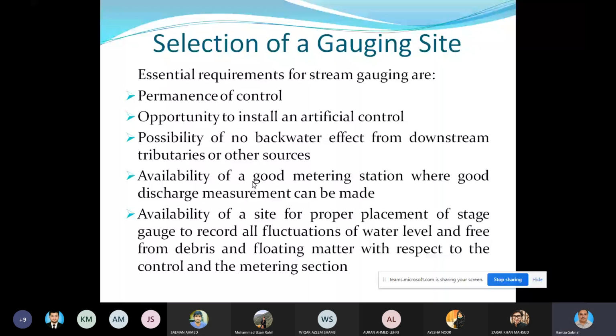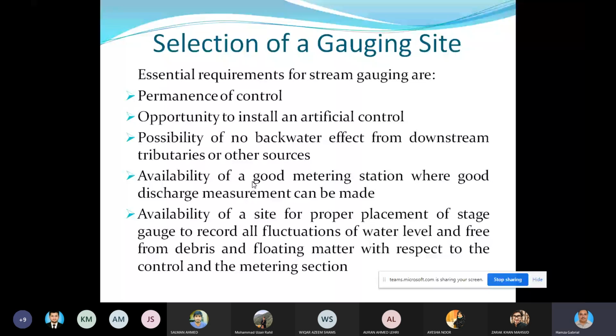If we have the gauging site upstream, there will be backwater effect, because the confluence will cause backwater effect, and it will disturb the one-to-one relationship between stage and discharge. So there should be no backwater effect.